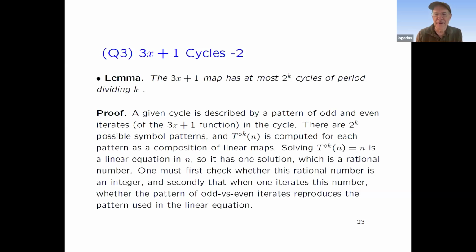But anyway, it's a theorem for the function t that will happen if it's a rational solution. And these rational solutions you get, they have an odd denominator, so they are two-adic integers. So the 3x plus 1 recursion makes sense for them. So you can actually iterate these things for the odd integers.